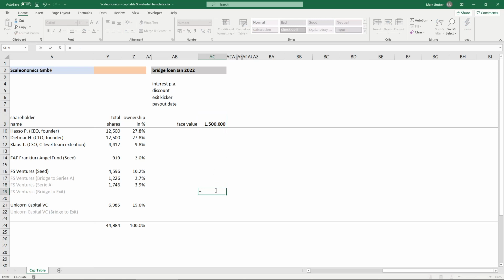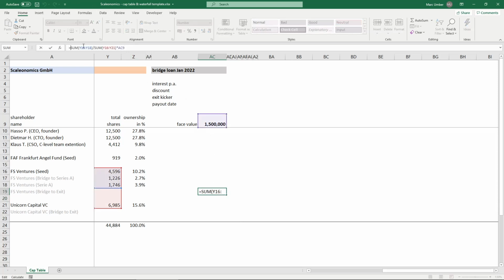Pro rata means that the split is according to the relative holdings of these individual investors, which is the sum of the shareholdings of Frankfurt School divided by the sum of the shareholdings of Frankfurt School and Unicorn Capital. So Frankfurt School will make 52% of this 1.5 million times 1.5 million.